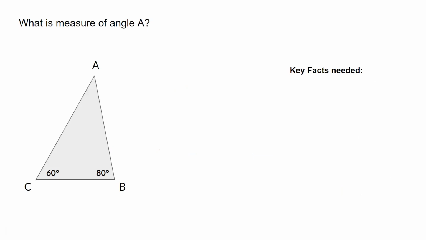In this problem, we're asked, what is the measure of angle A? So you can see down below, we have a triangle. It's labeled A, B, C, and we know two of the angles. So the key fact that we need to use to solve this problem is that the angles of a triangle total 180 degrees.